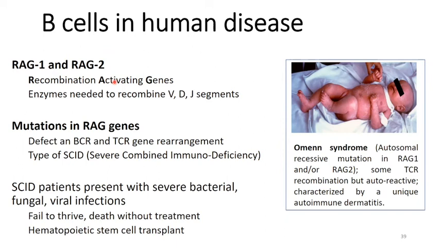So individuals that have defects in RAG1 or RAG2 have B cell and T cell immunodeficiencies. That's called SCID. And those kinds of immunodeficiencies are absolutely life-threatening. For B cell immunodeficiencies, you can always do transfusions and give antibodies and antibiotics, that kind of thing. But for SCID patients, they're life-threatening without immediate hematopoietic stem cell transplants.